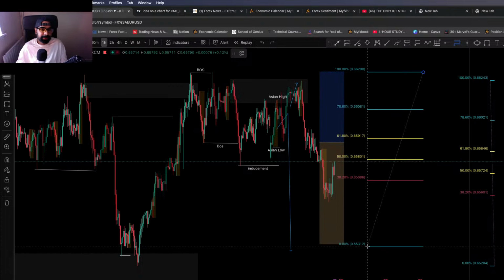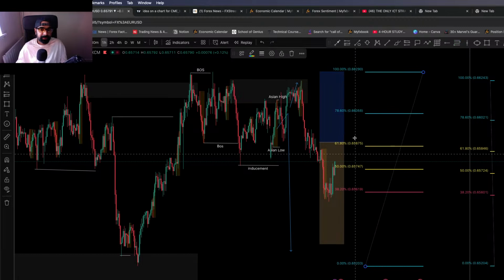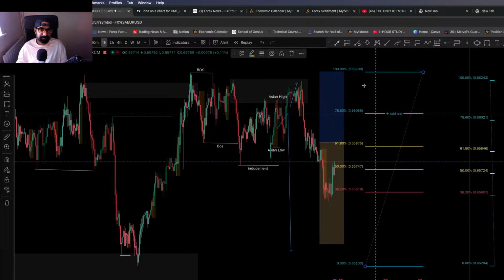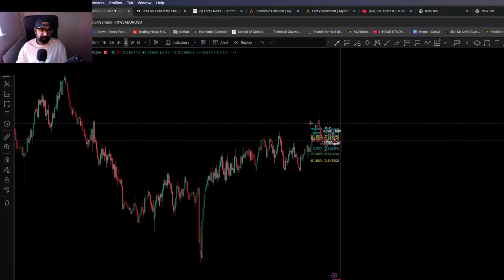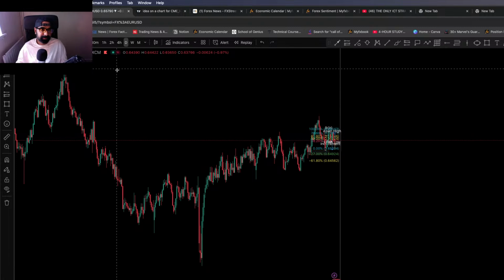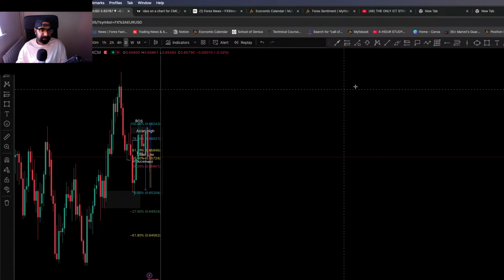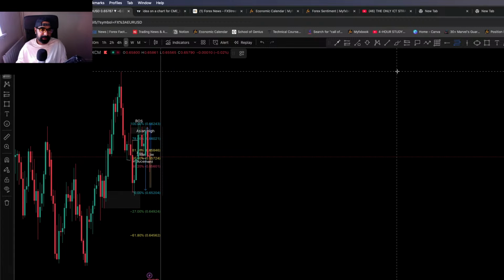But the fibs weren't matching. If you look at it, nothing's matching. No, it's not really. Let's have a look at the daily then.